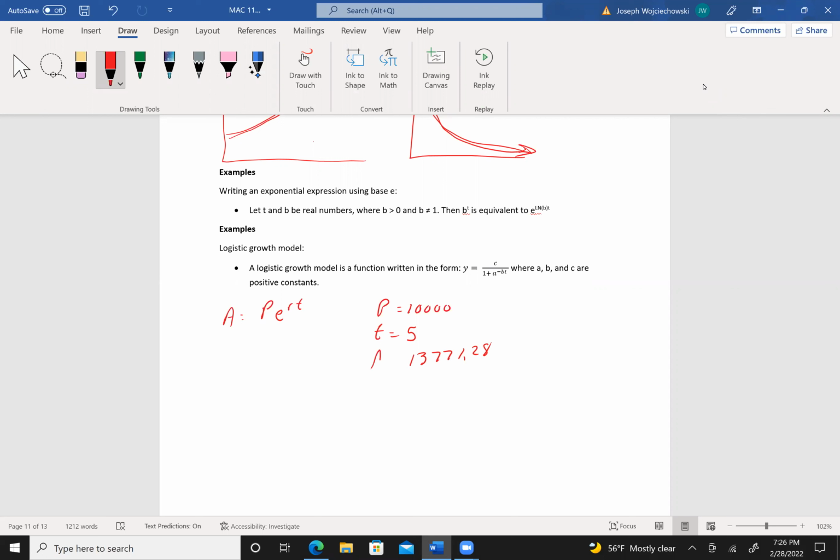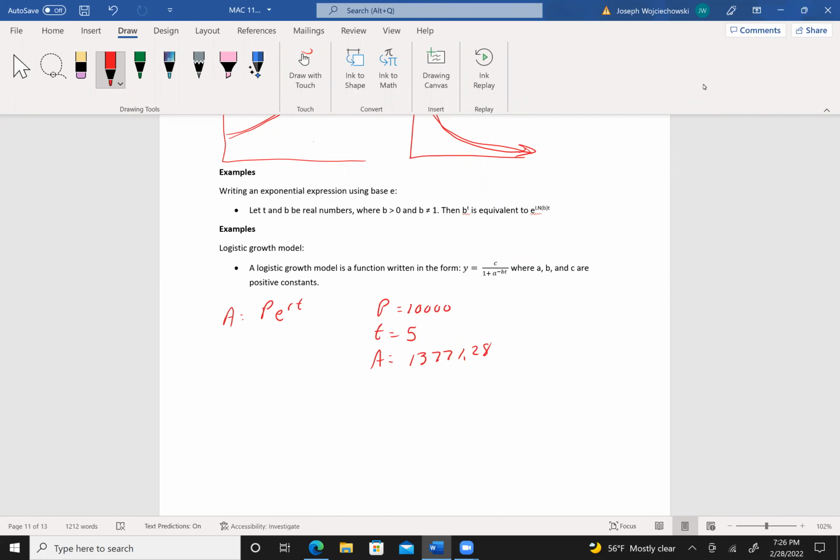Okay, so that's A. Use the model A equals P times e to the rt to determine the average rate of return r under continuous compounding.